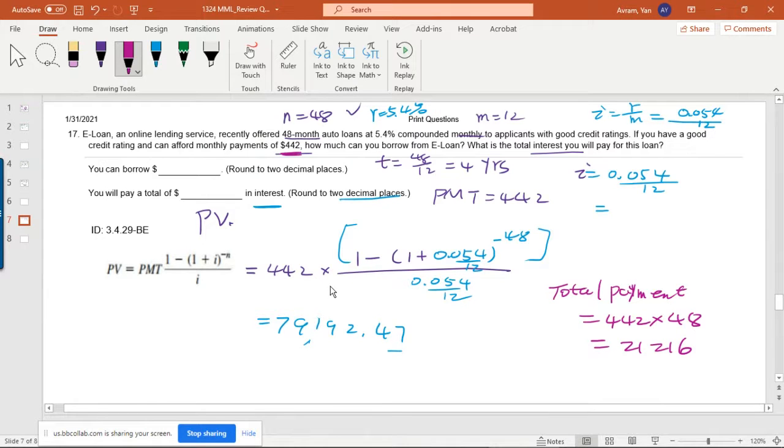Okay, so this one, the number doesn't look right.